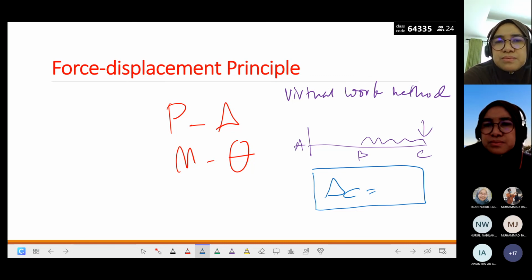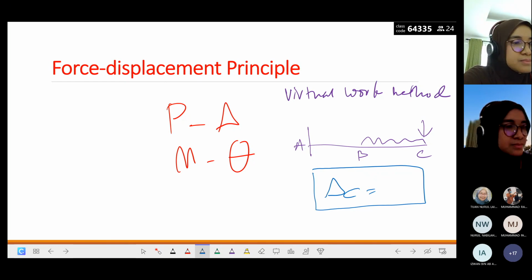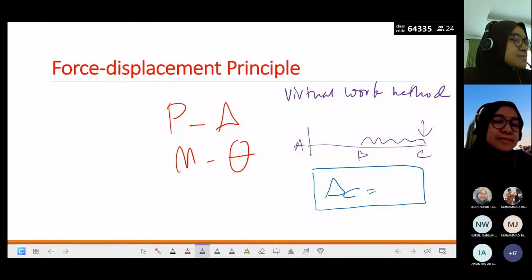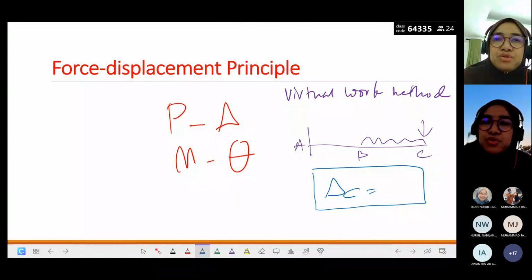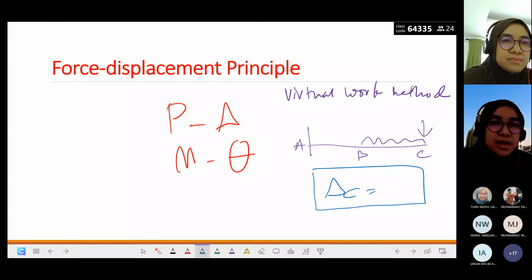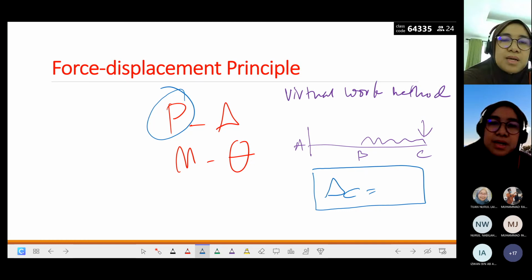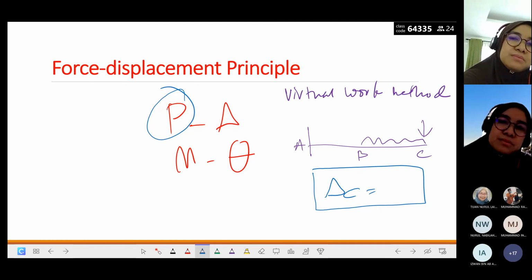What did you do in order to calculate deflection at C? Quick, what did you do? You will apply a unit load. Why don't you apply a unit moment?